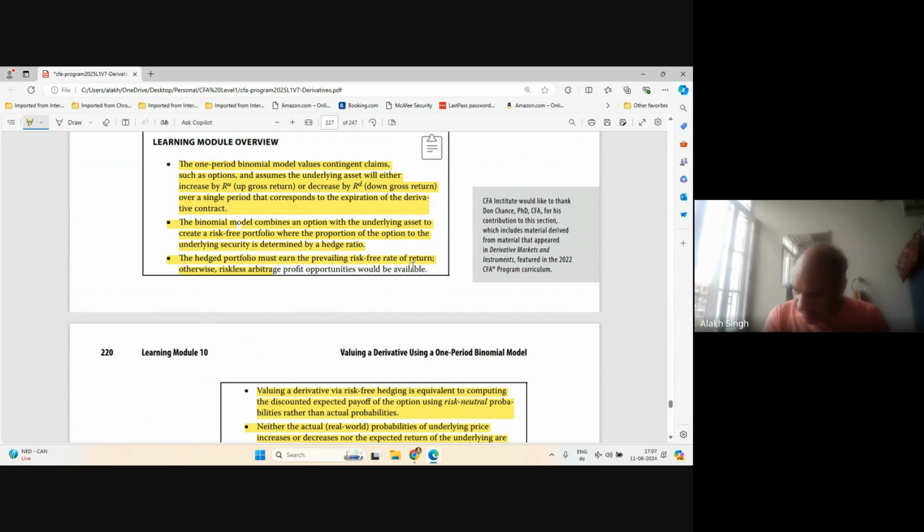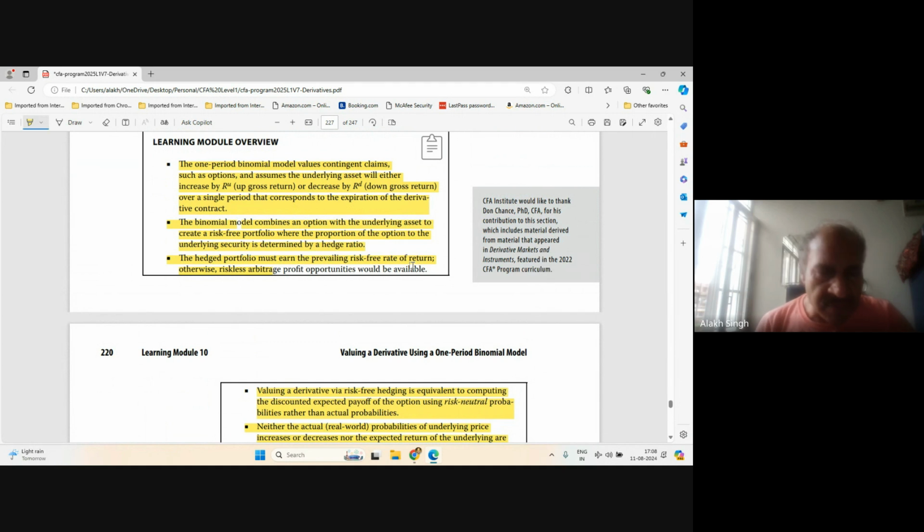Because we are using this concept of no arbitrage, where this risk-free rate is used, the hedge portfolio must earn the risk-free return. Like when we value S0 and F0T, current spot price and future forward price, we use the risk-free rate.